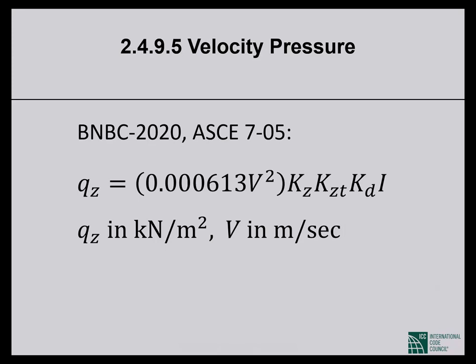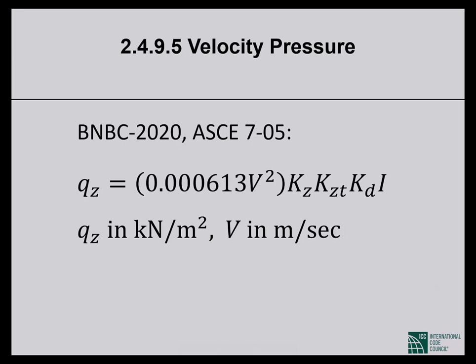Then three coefficients, K sub z, K sub zt, K sub d, and an importance factor I. So there are five variables in this equation: V, K sub z, K sub zt, K sub d, and I. Now in this equation, q sub z is in kilonewton per square meter, and V is in meters per second. Very important. This is why the map gives you velocity in meters per second.